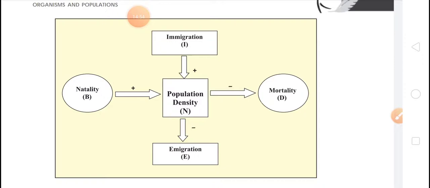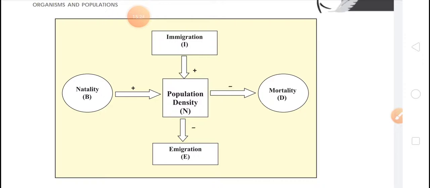So there are various methods by which a population is increased or decreased. Habitat is one of the reasons. If a particular area has scarcity of water and the population is large, then ultimately the organisms either will die, so mortality will increase, or they will move to some other area.